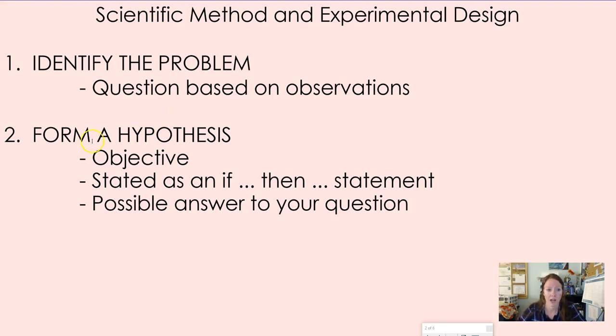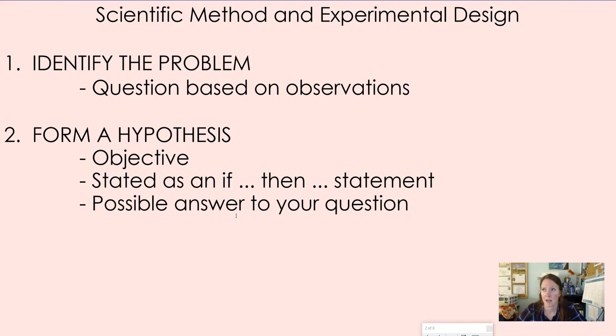Remember that when you make a hypothesis, you're going to make them objective, not with your opinions. You're simply basing it on your observations and your background knowledge. You always want to state them in an if-then process, or an if-then statement. And it should be a possible, reasonable answer to your question.